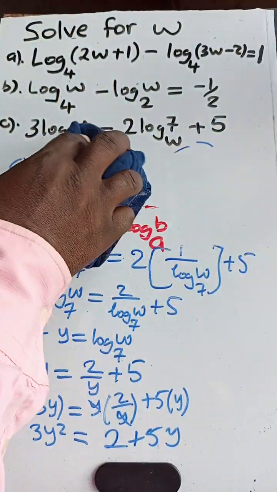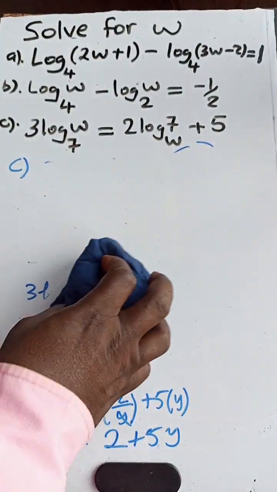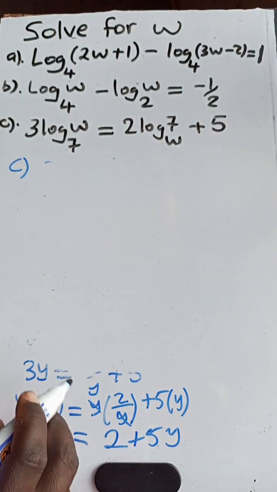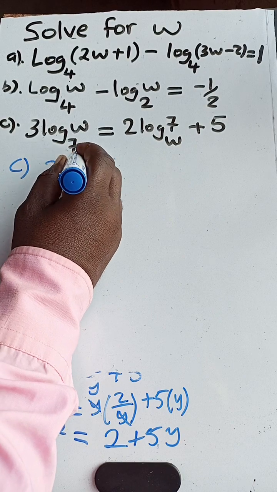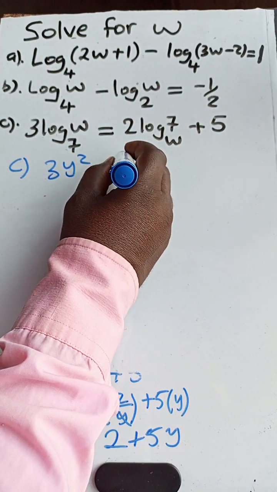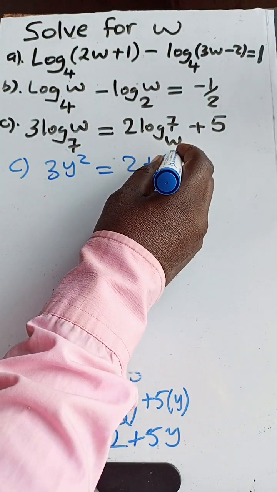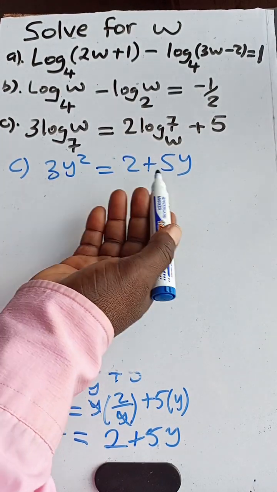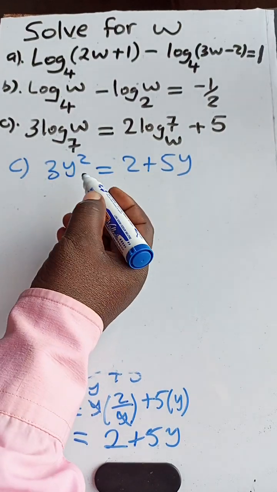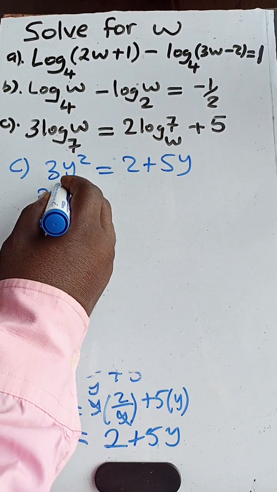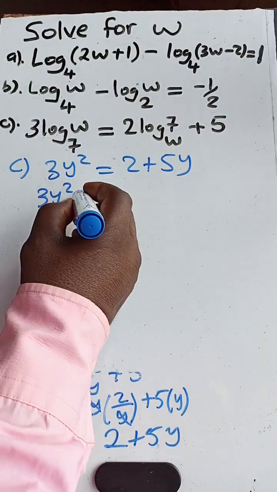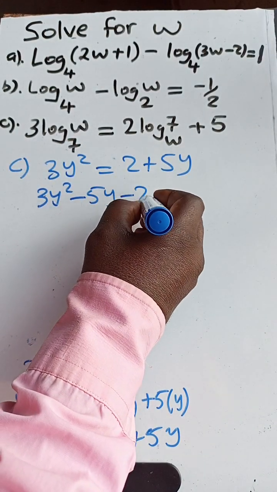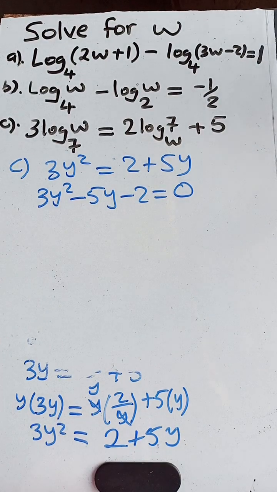Now, let's continue this way. Let's write this expression down here again. We have 3Y squared is equal to 2 plus 5Y. If you look at it, you see it's a quadratic in terms of Y. So let's bring everything to the left-hand side. We have 3Y squared, plus 5Y coming over becomes minus 5Y, plus 2 coming over becomes negative 2, so that we should have 0 on the right-hand side.